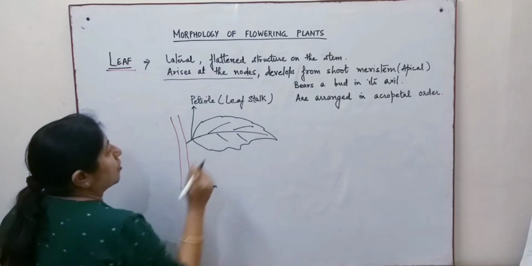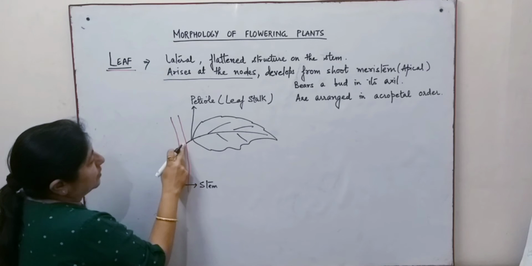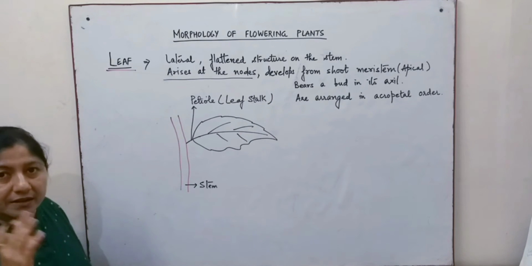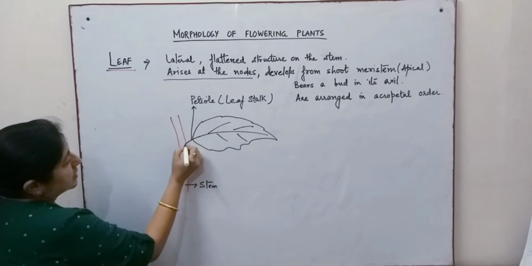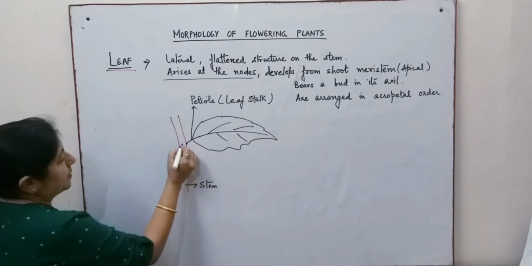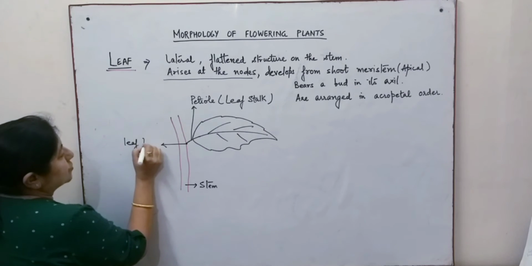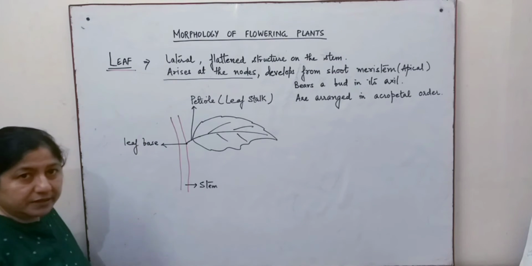The leaf stalk will hold the leaf, and it is the area where it is joining the stem. This point where the leaf is attached to the stem is the leaf base. So this area is known as the leaf base.